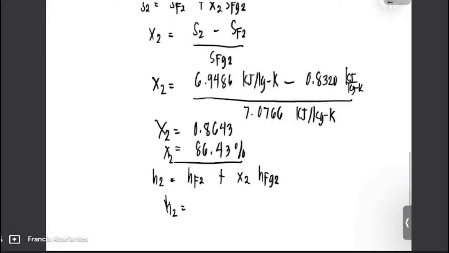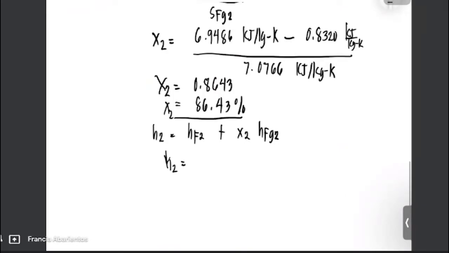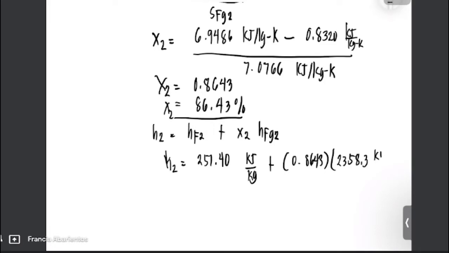At same table, Table 2, page 8, we have HF2, 251.40. Sa quality, ano yung HFG natin? 2358.3. So this is now your enthalpy at point 2.